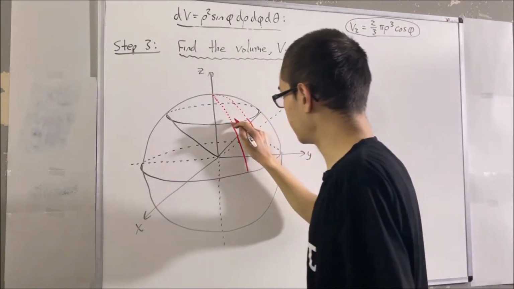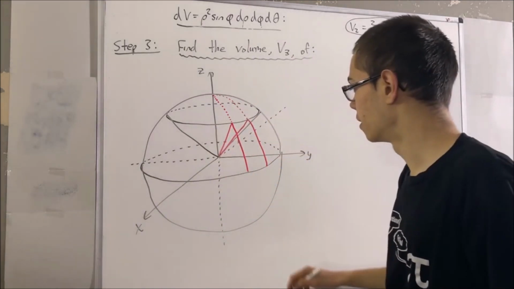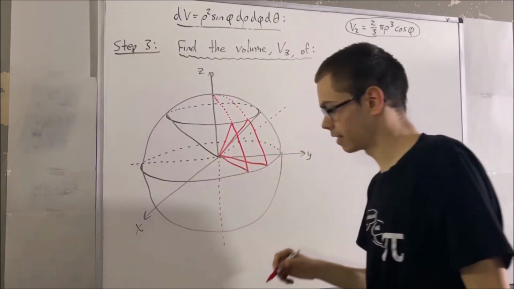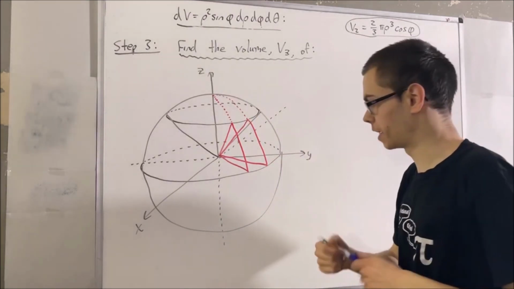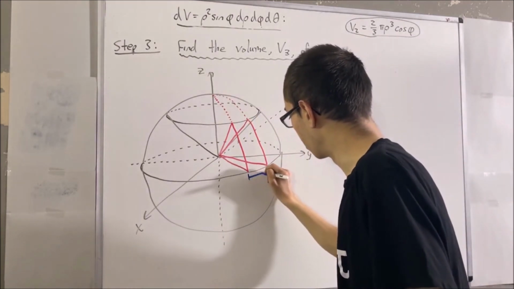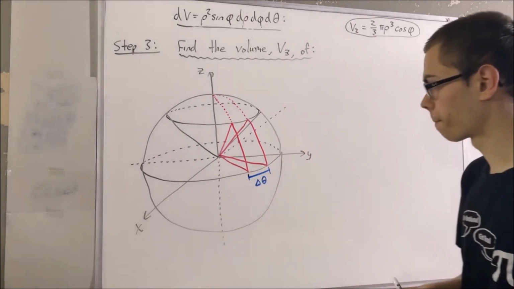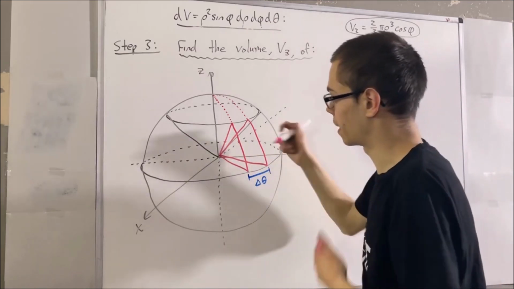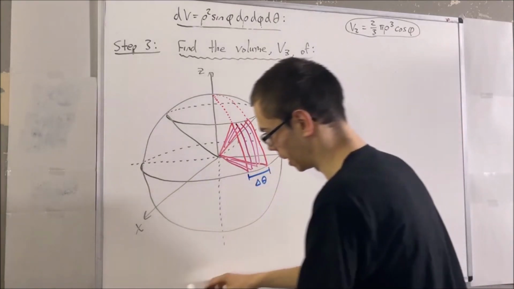We can connect these 2 points with the origin, like that, and we can connect these 2 points to the origin as well. As we mentioned at the beginning of this video, this angle right here we call delta theta. And so this red region is the volume that we are trying to find. So it's the volume of this red region, V3.